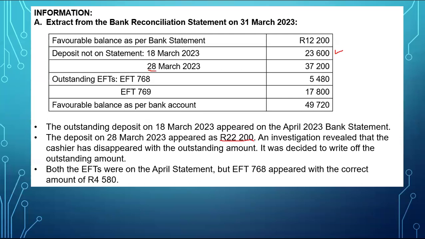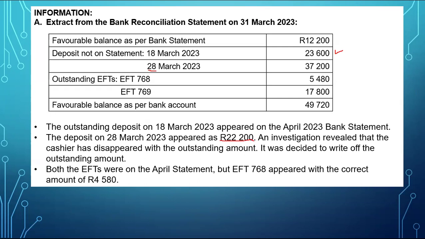Why would you allow the cashier to make the deposit? And why do you only allow one person to make the deposit? Red flags. Then it says it was decided to write off the outstanding amount.